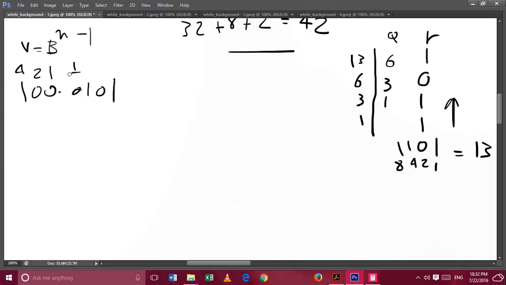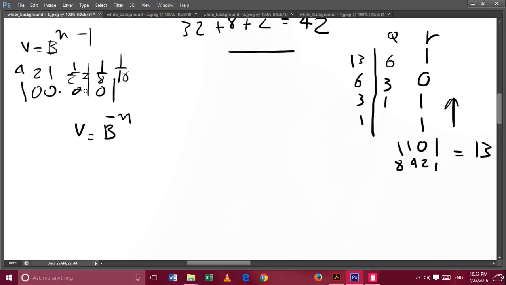Now here this is half, this is 1/4, this is 1/8, and this is 1/16. How do I know? Because the values for these places equal base to the power of minus n. So this first place is 2 raised to the power of minus 1, and that would be half, and so on and so forth.